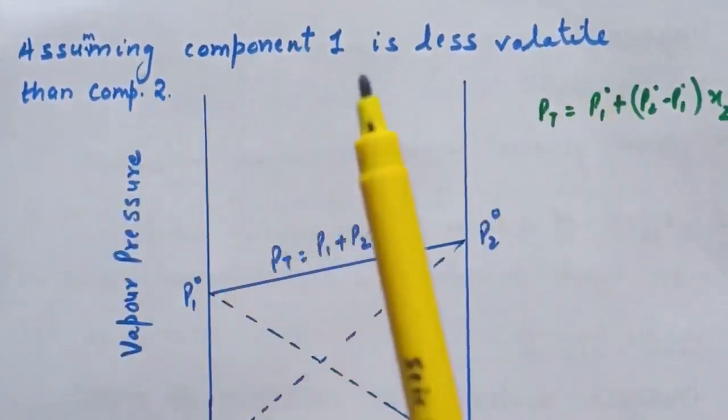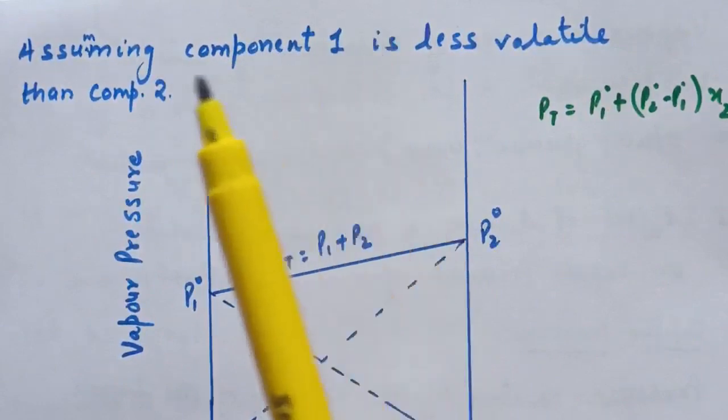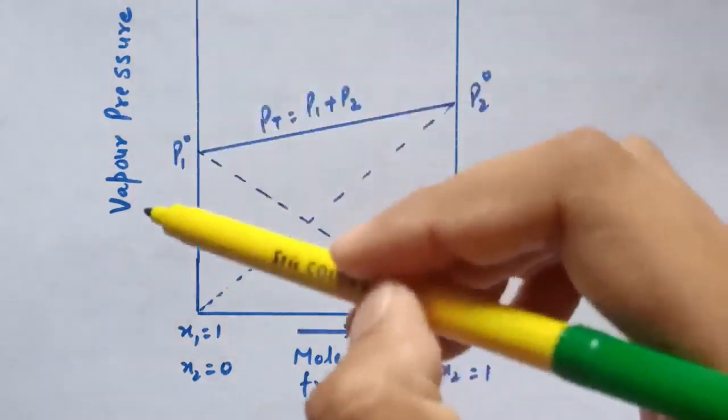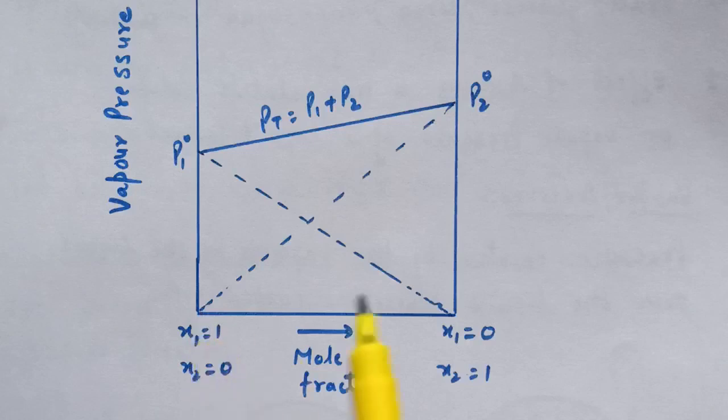Here on this axis we have vapor pressure and on the x-axis we have mole fraction. At this point the mole fraction of component 1 is 1 and the mole fraction of component 2 is 0. At this point the mole fraction of component 1 is 0 and component 2 is 1.